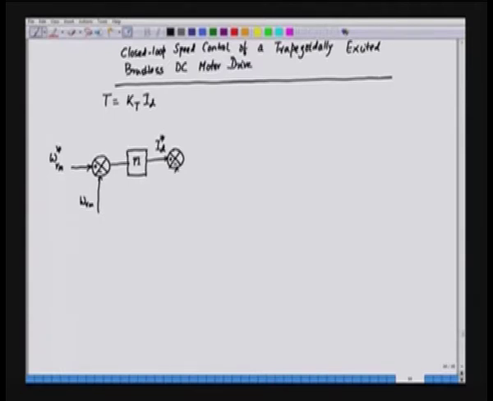We can subtract ID from this, and we have a hysteresis controller here, as we have discussed.